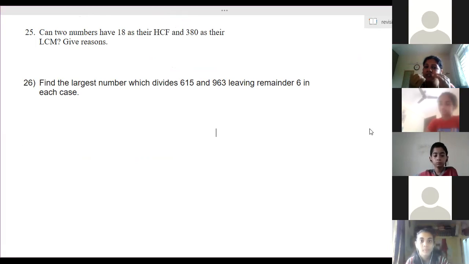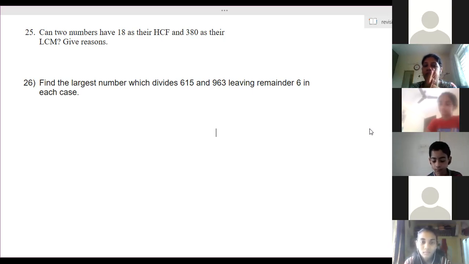HCF is a number smaller than the given numbers, and also a number which divides both the given numbers, or three numbers. Whatever numbers A, B or A, B, C are given, HCF is a single number which divides them commonly and completely.